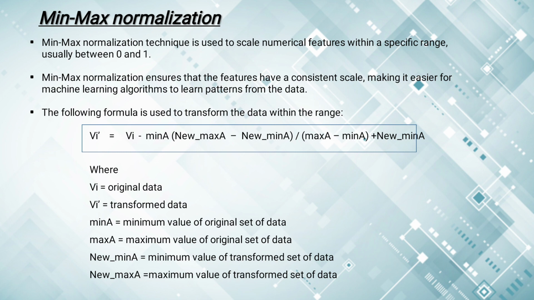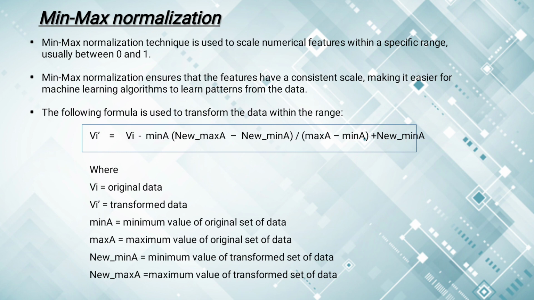Here, Vi dash means the data we want to transform into that format, that is called Vi dash. Vi means the original data that we want to transform. Next, minus min of A, which means minimum value in the original dataset, into new max, which means the transformed data maximum number.